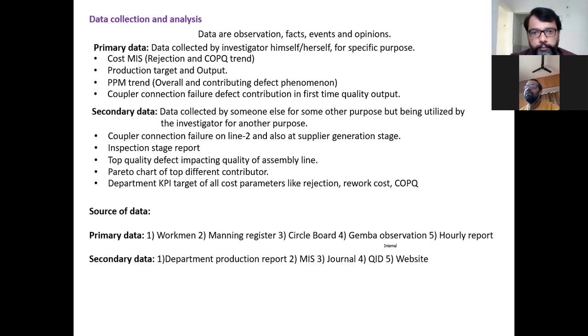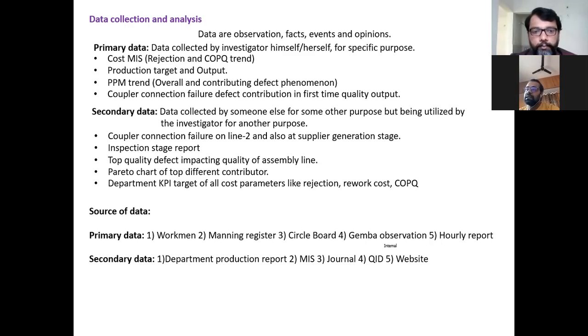For example, if some quality problems are registered in the ledger and all, those kind of data come under secondary data. For example, coupler collection failure on line 2, the supplier generation stage inspection report, top quality defect impacting the assembly line, Pareto chart of the top different contributors, determinants of the KPI target of cost parameters like rejection, rework cost, and poor quality cost.